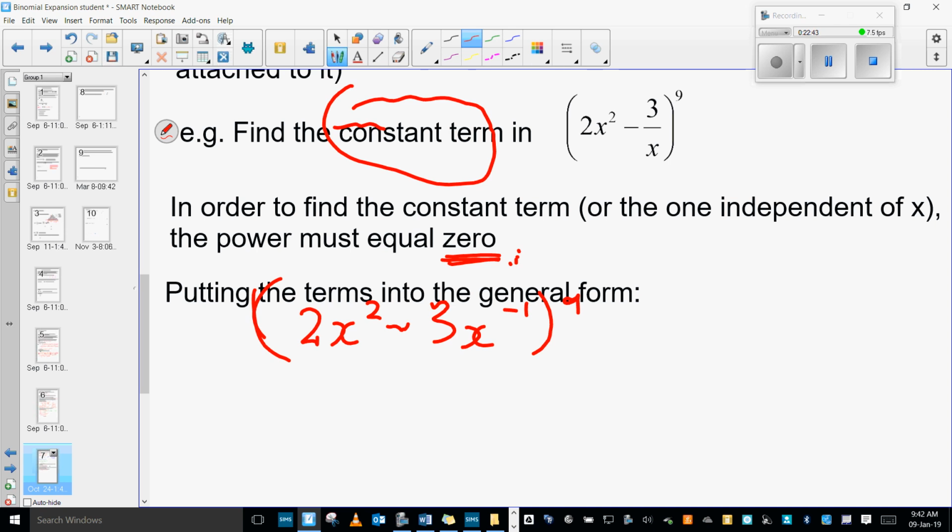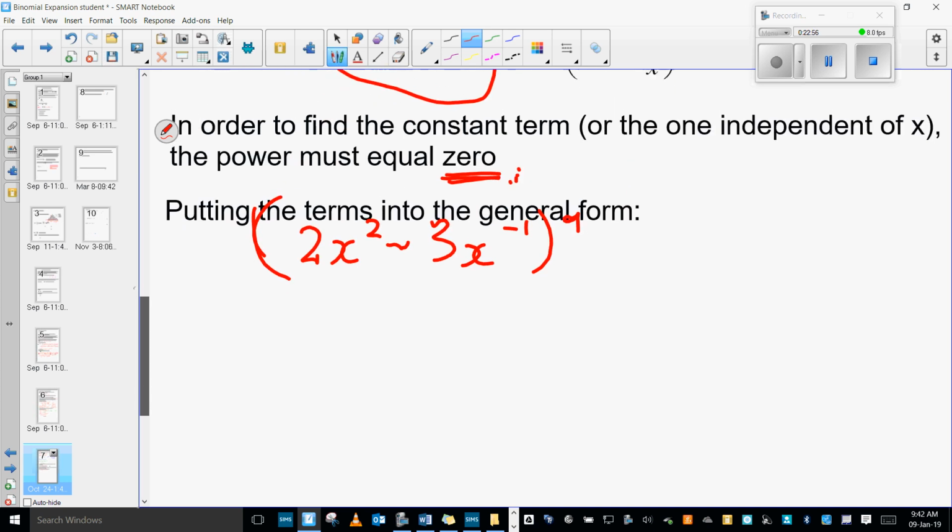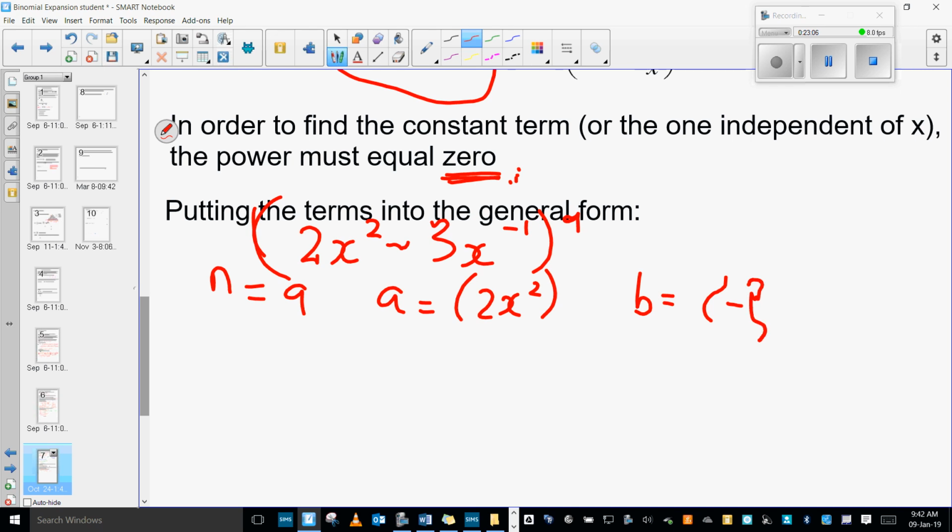So we've rewritten our question, identify n, a, and b. Do you like writing it out, or is that just annoying? So our value of n is 9, a is 2x squared, and b is negative 3x to the negative 1.